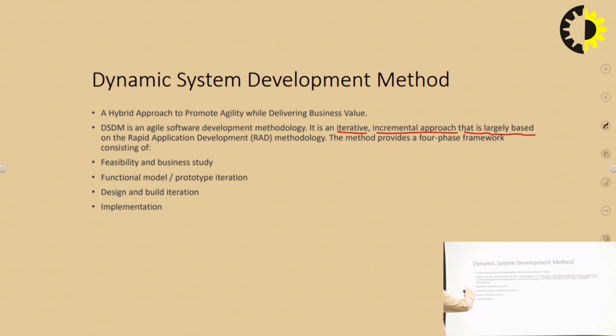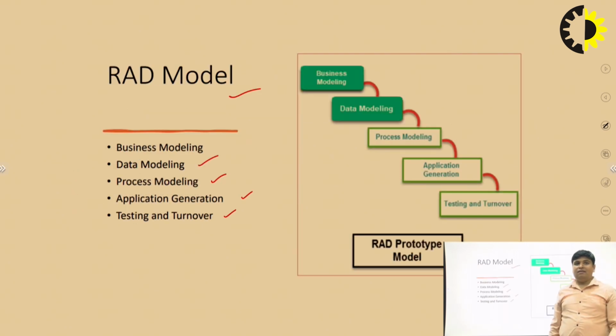First one is feasibility and business study. Second one is functional model and prototype iteration, then design and build iteration, and the last one is implementation. Basically the dynamic system development approach is a combination of iterative, incremental approach, and mainly based on the rapid application development methodology, whatever I have discussed in the previous slide.